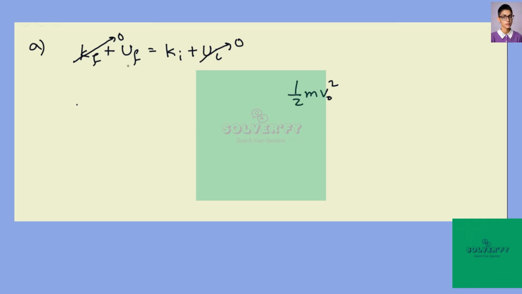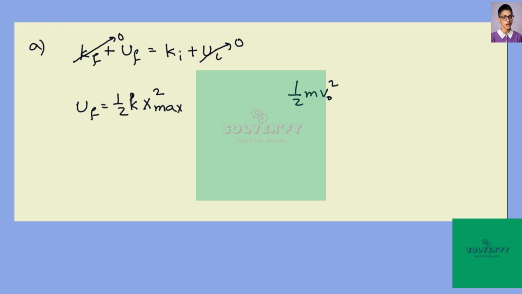So when the bag gets maximum compression, we say Uf is equal to half of k x max squared, where x max is the maximum compression and k is the spring constant.